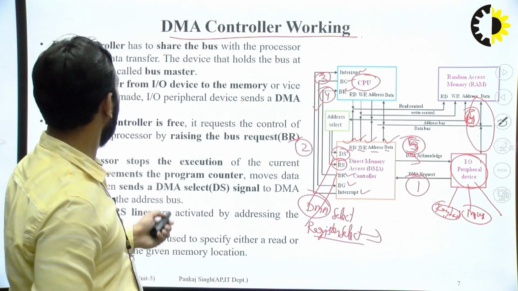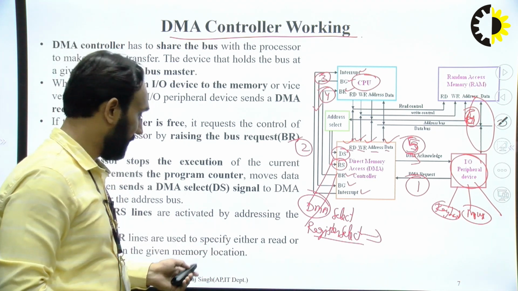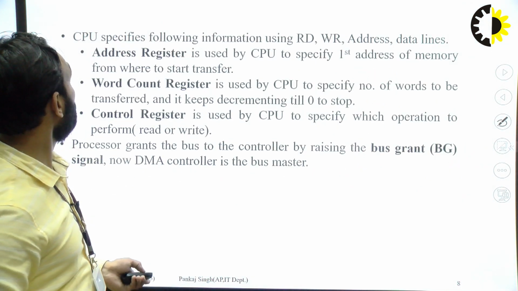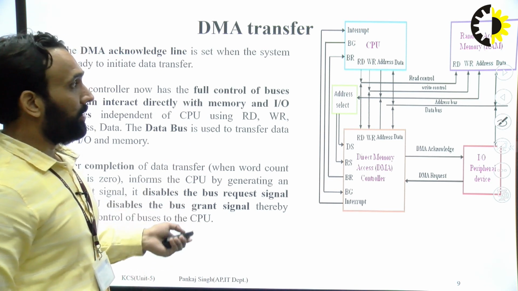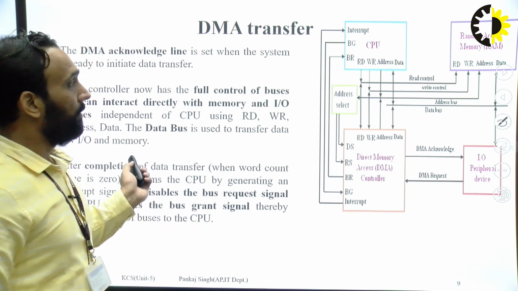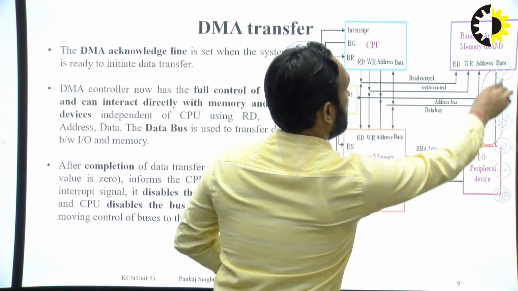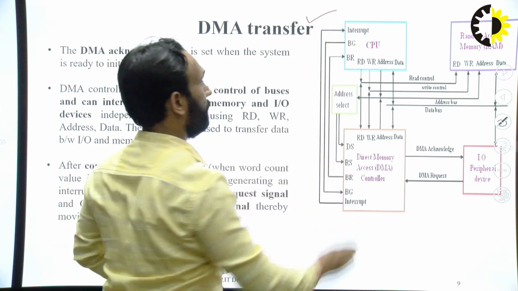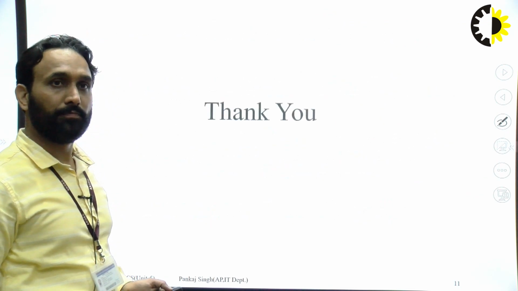In a theoretical way, all this detail is what I discussed here. So all these operations are done to share the data between memory and IO devices. That is also known as DMA transfer. Hopefully this topic is clear to all. Thank you.